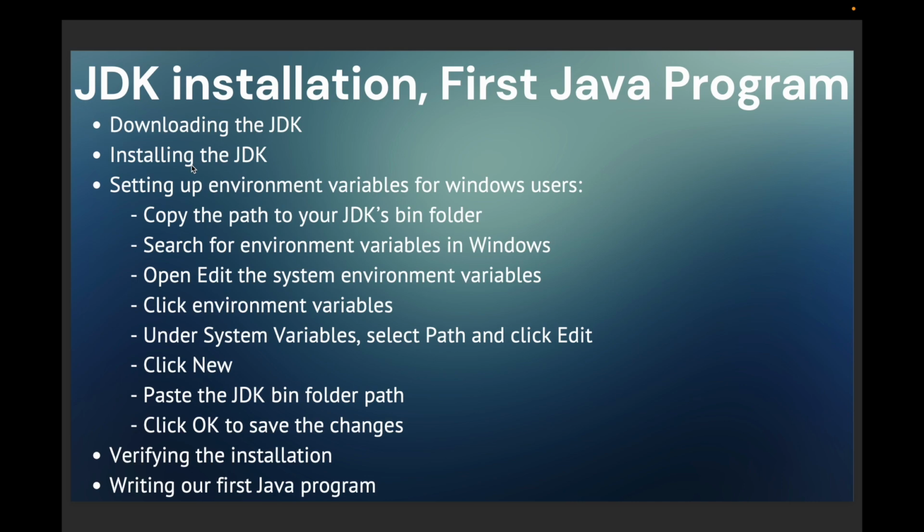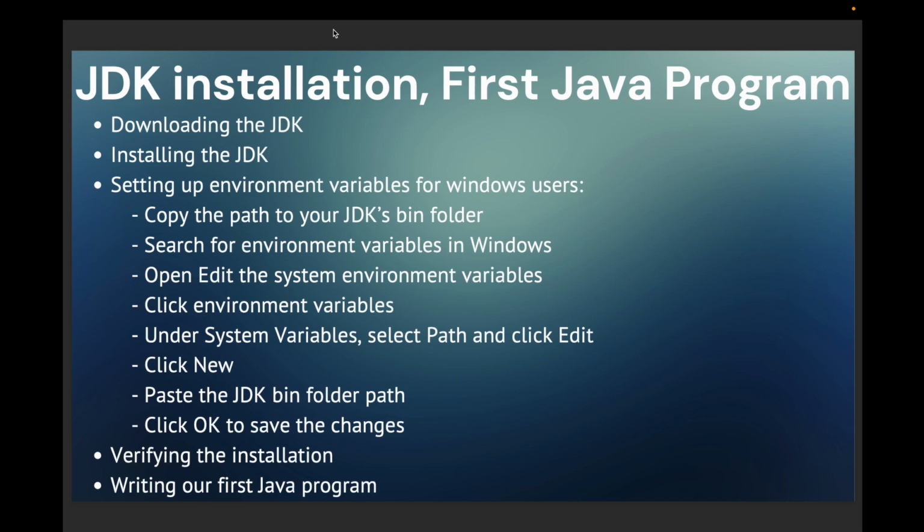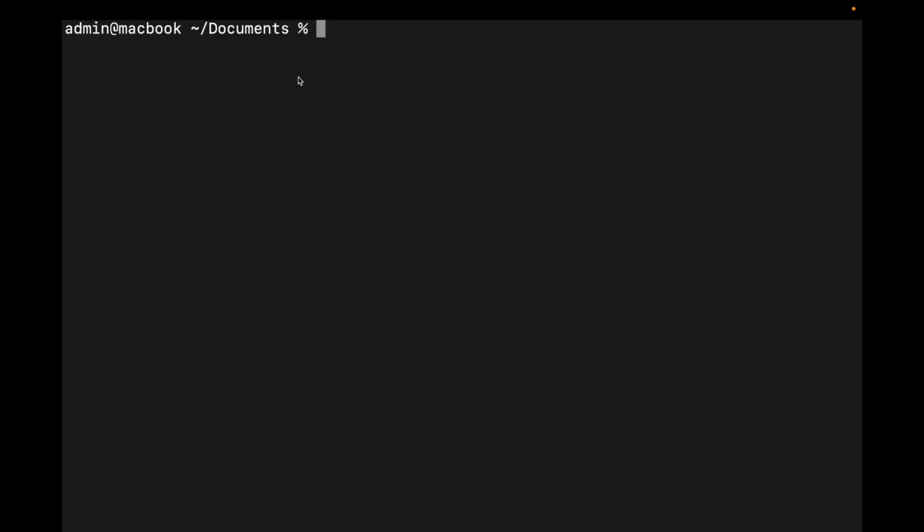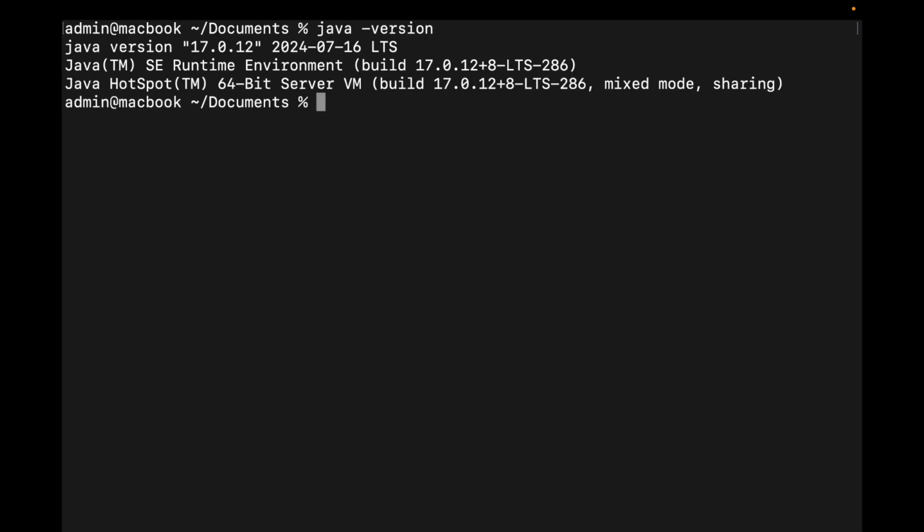Now let's verify that Java has been installed correctly. Open command prompt on Windows or terminal on macOS or Linux. Type the following command, java -version. On my machine, this command displays Java version 17, which confirms that Java is installed correctly.